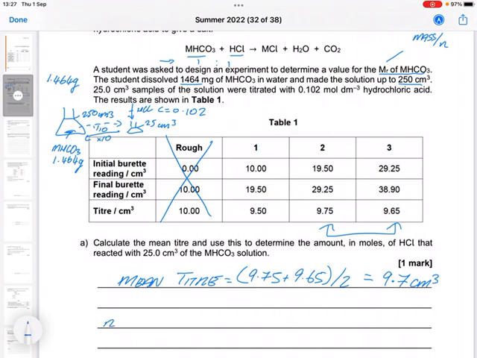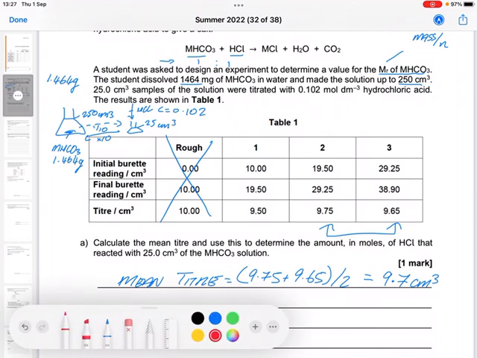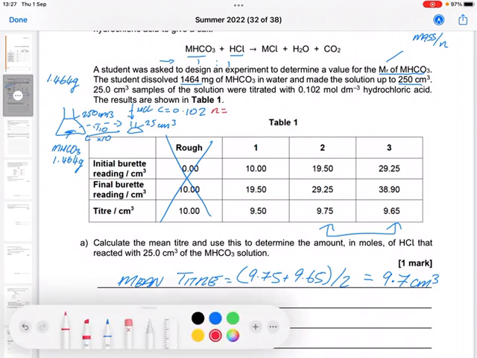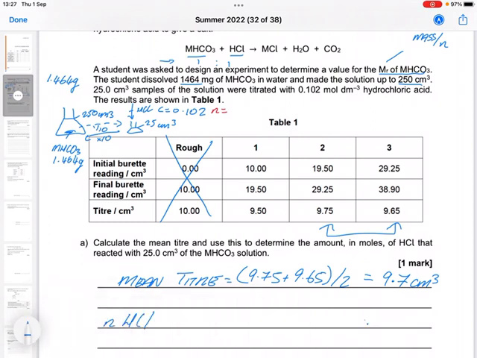So the number of moles then of hydrochloric acid, so I'm just working this bit out here. So how many moles of hydrochloric acid has reacted with 25 centimetres cubed of my solution of MHCO3? That is equal to concentration times volume. The concentration is 0.102 and the volume is 9.7.